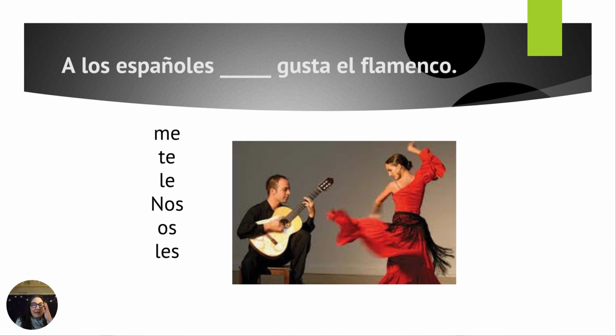Okay. Oh, here's one. A los españoles gusta el flamenco. So remember, flamenco is a style of dance that has 3 elements, right? The baile, cante, toque: sing, dance, and movement, and clap.